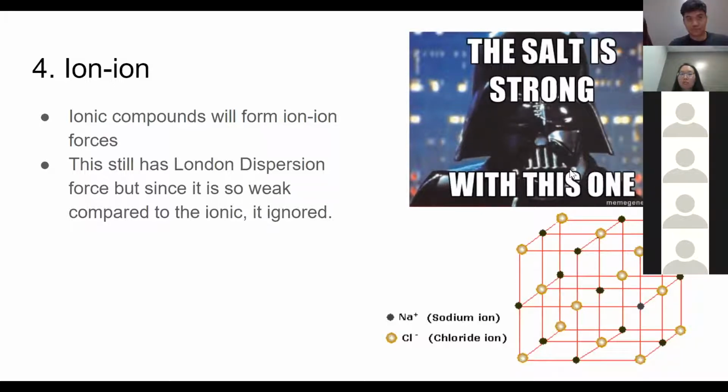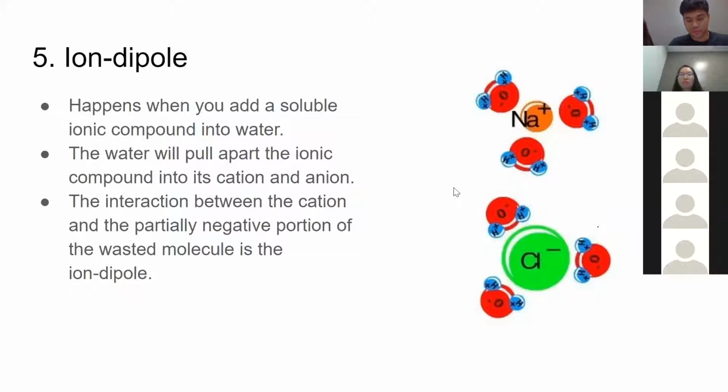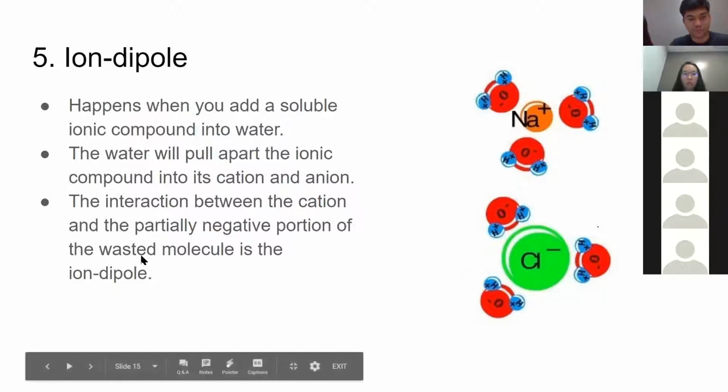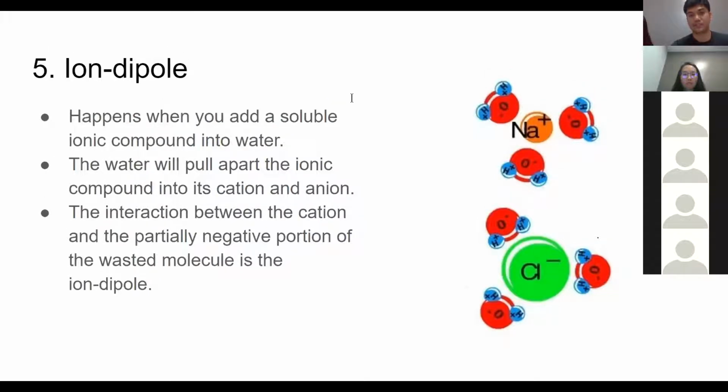And then finally we'll cover ion-dipole. This happens when you add a soluble ionic compound into water, which is the best example to explain it. The water will pull apart the ionic compound into its cation and anion, and the interaction between the cation or anion and the partially negative or positive parts of the water molecule is the ion-dipole.